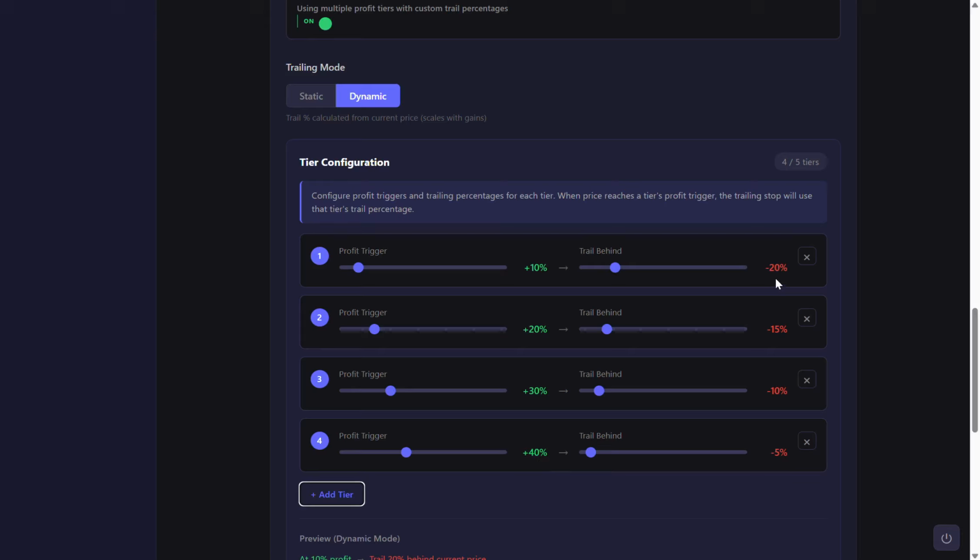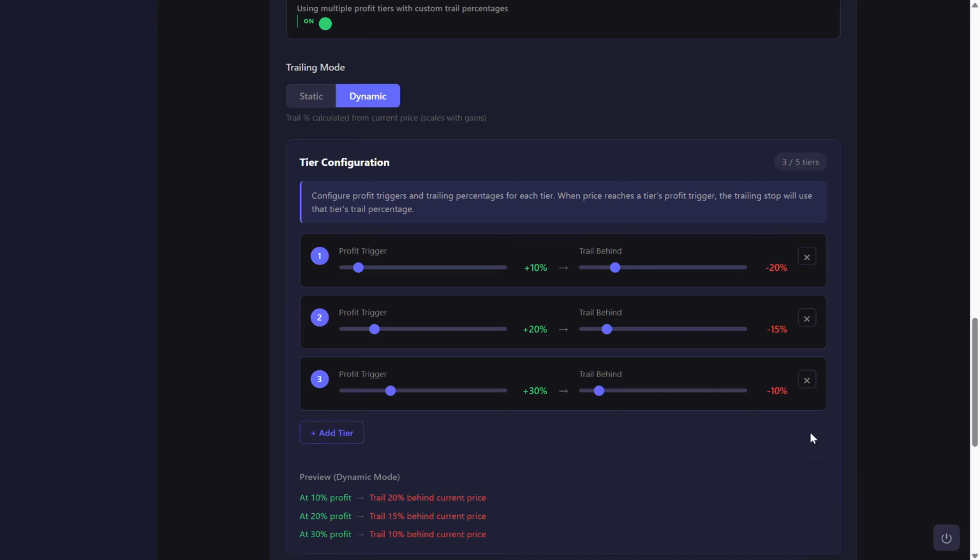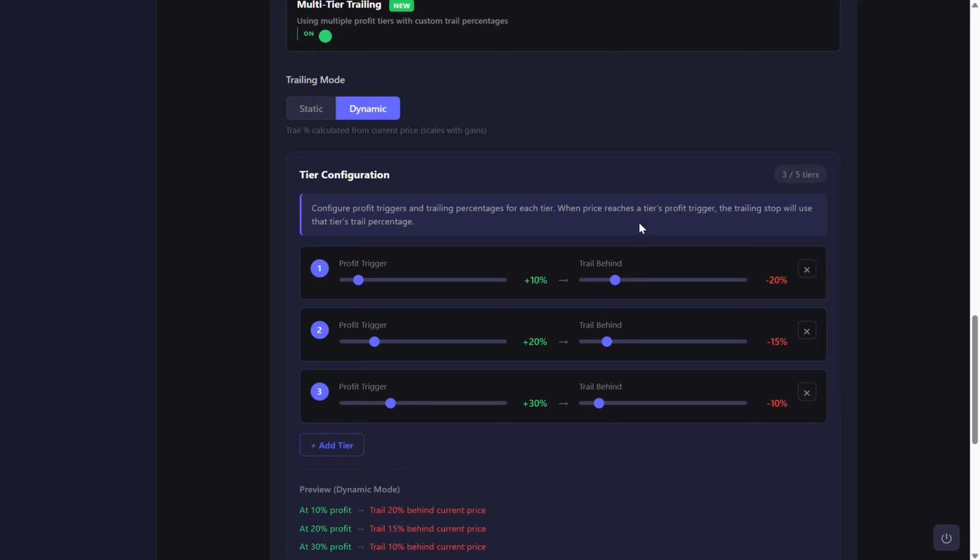Maybe if you had left it at 20, it would have come back down to 30% and then shot up to 150. So it's a trade-off, right? You're locking in profit, but you're also giving it a lot less ability to move around. So it's totally up to your trailing desires and your strategy that you want to trade, and your settings and your comfort level and all of that stuff. Okay.